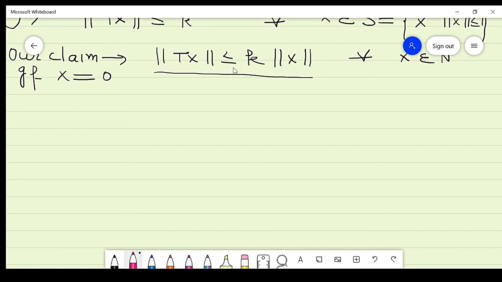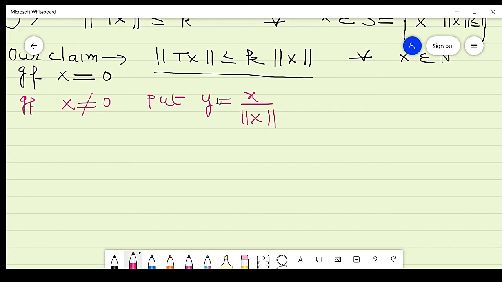Now, if x is non-zero, so put y equal to x by norm of x.